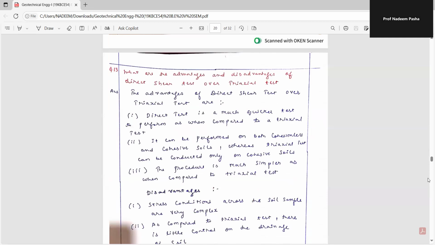What are the advantages and disadvantages of direct shear test over triaxial test? So first we will see advantages.